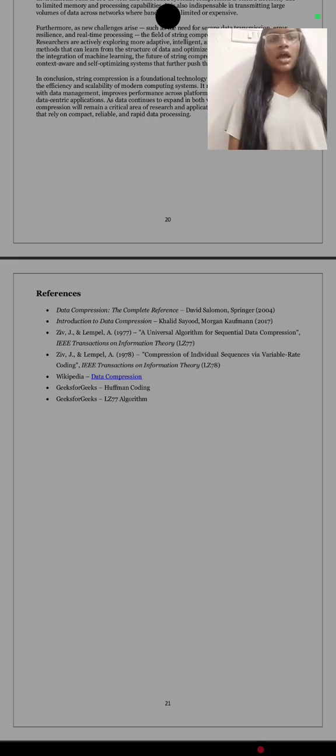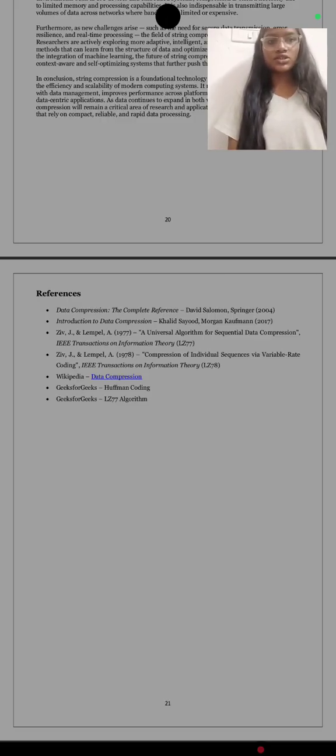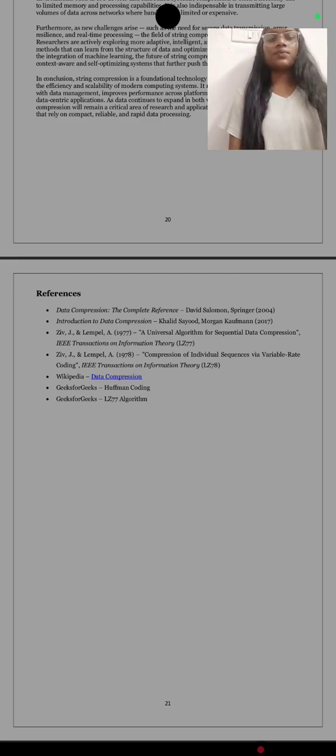A Universal Algorithm for Sequential Data Compression, written by Ziv J. and Lempel A. Compression of Individual Sequences via Variable Rate Coding, written by Ziv J. and Lempel A. again. The source that we took is the Wikipedia page on data compression, and Huffman coding is taken from GeeksforGeeks, same with LZW as well.